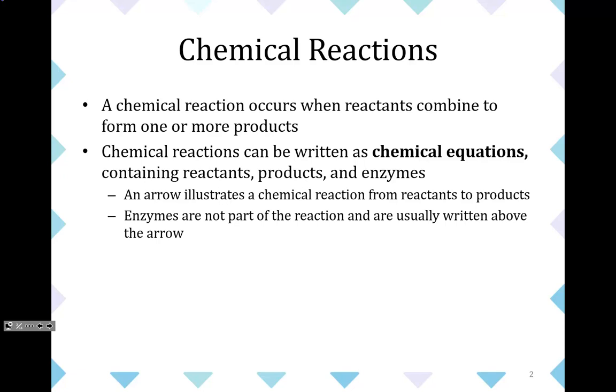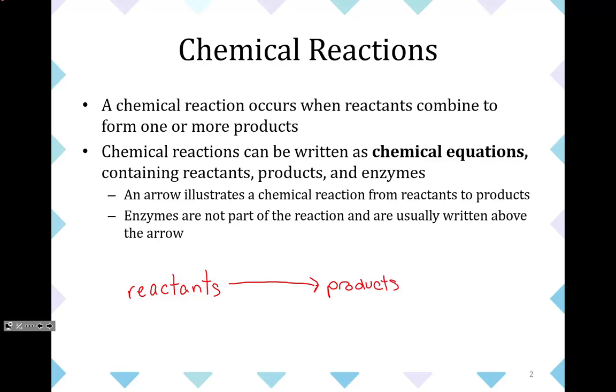And so chemical reactions can be written as chemical equations. And so whatever we're starting with in a reaction are the reactants. The things that react are the reactants. And they will give rise to one or more products through the course of the chemical reaction.